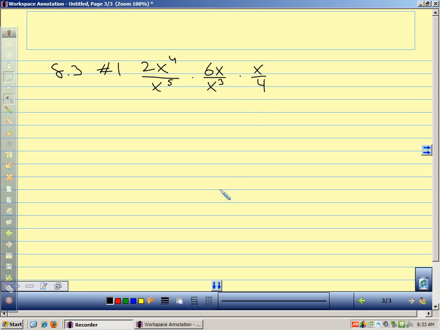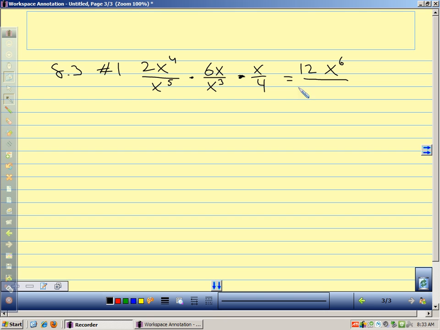So you could do this lots of different ways. You could simplify each fraction, or you could multiply everything on the denominator and the numerator and then simplify. Just my personal preference, I would multiply everything out. So I get, on the numerator, 12 x to the 4, 5, 6, 12x to the 6th.